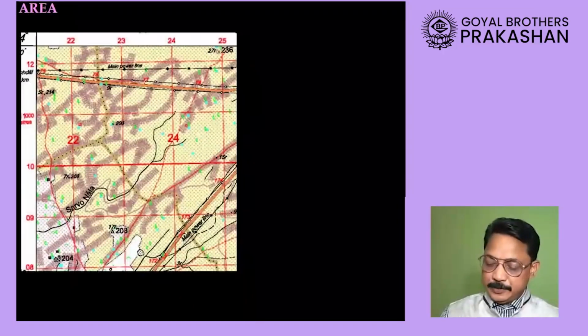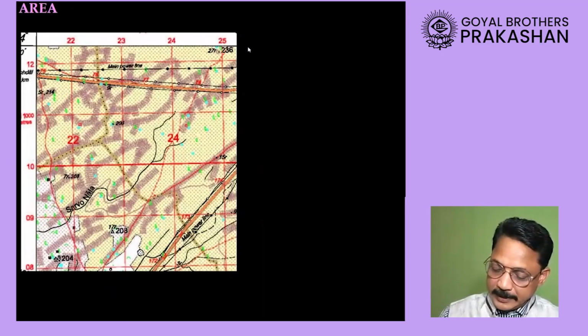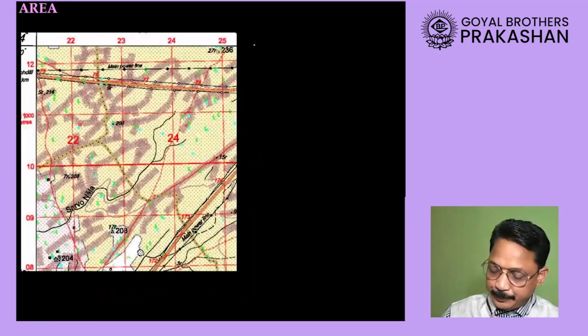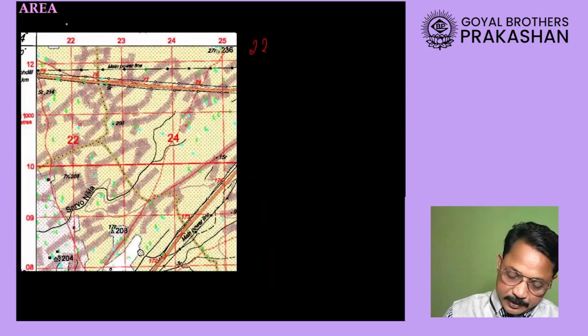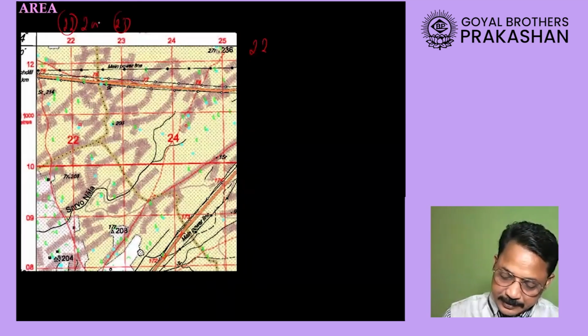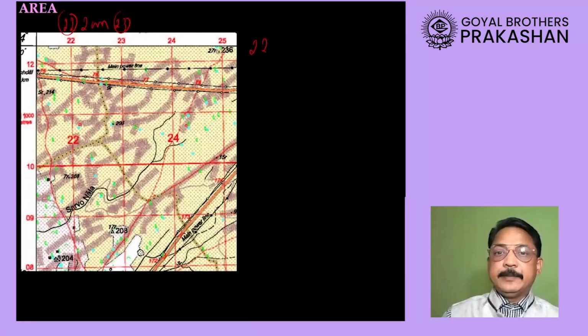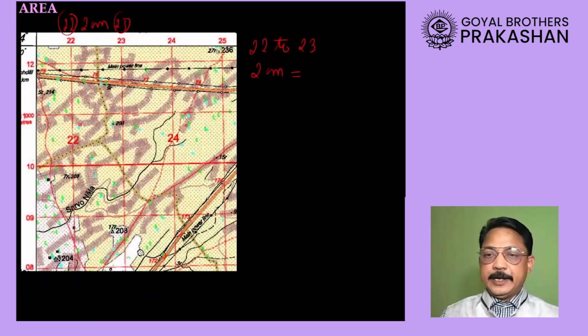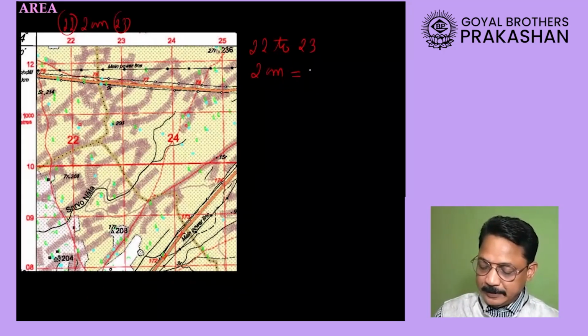Now, dear students, let us find out how to calculate area on map. Please remember, if I take the first easting 22 and the next easting 23, this distance is exactly 2 centimeter. That means from 22 to 23, the distance is 2 centimeter, and we already know the scale of the map is 2 centimeter is equal to 1 kilometer.